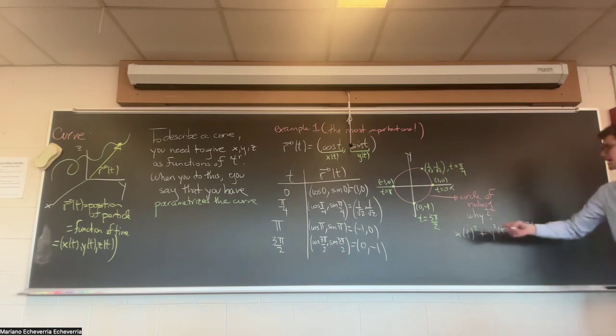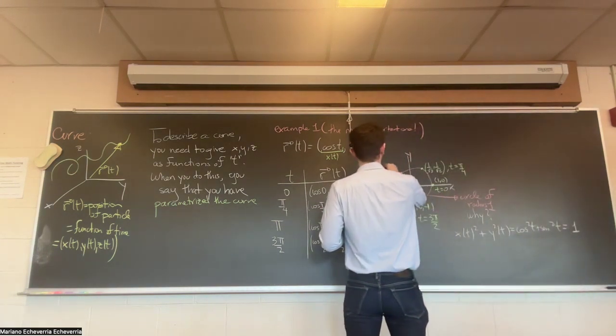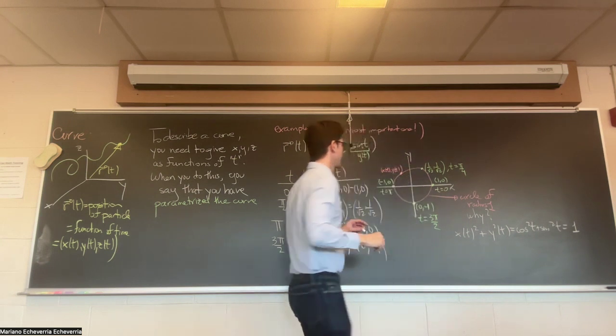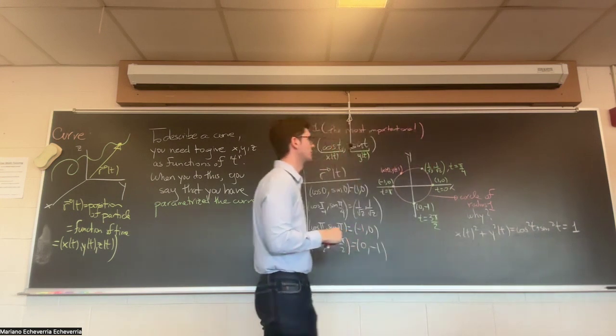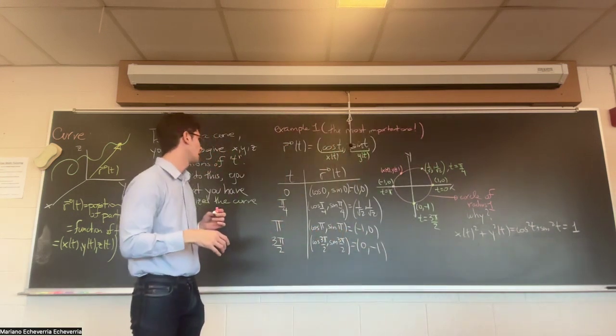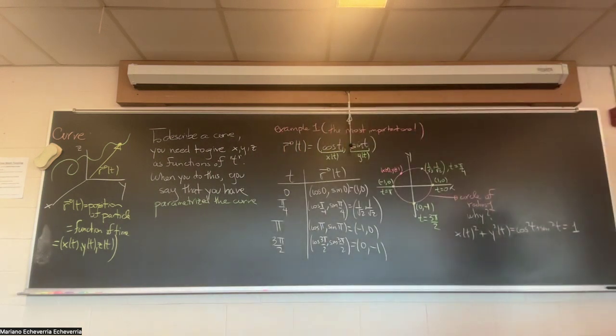So what this is saying is that if you have the point x of t, y of t here, this point satisfies the equation of the unit circle, so it has to be somewhere in there. Does that make sense? So that is why this curve describes the unit circle.